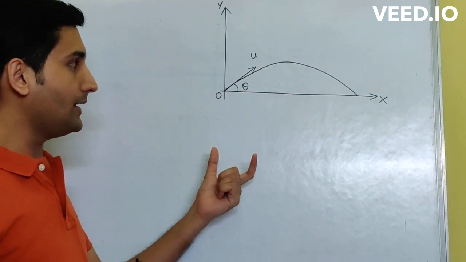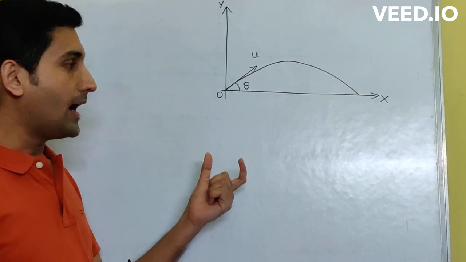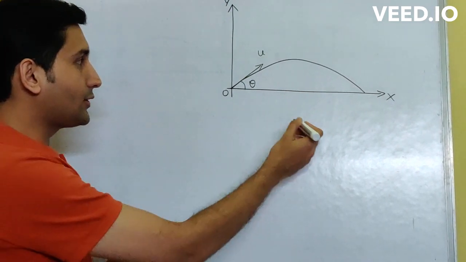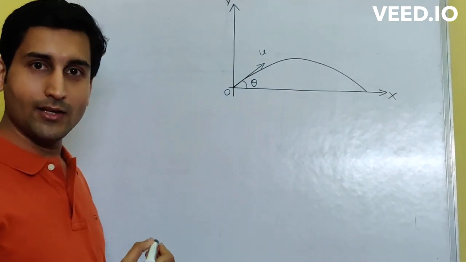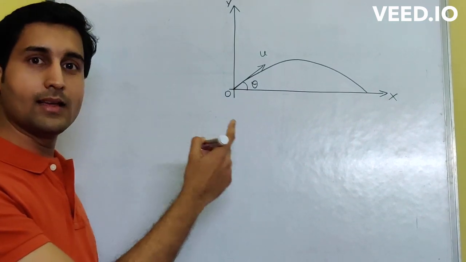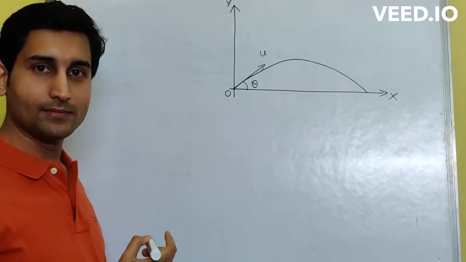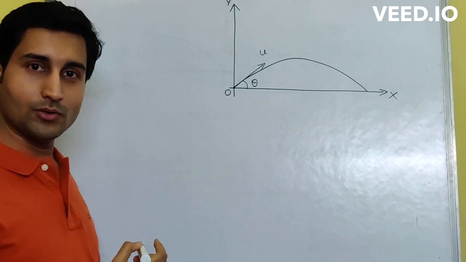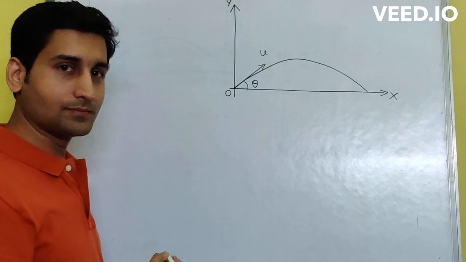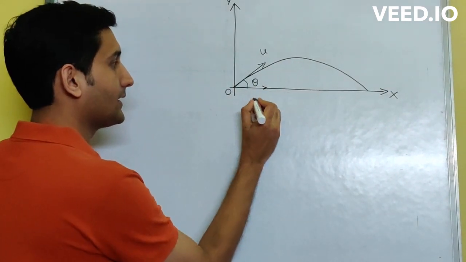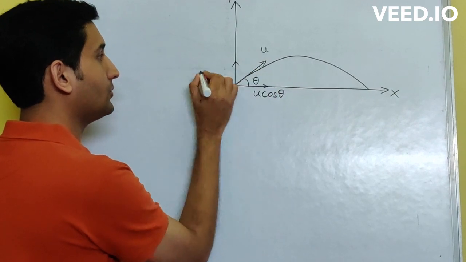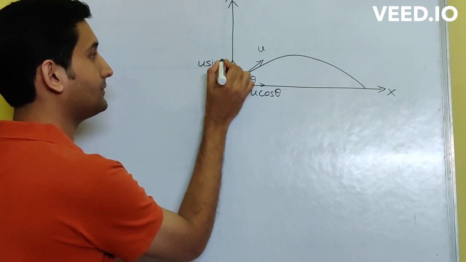So let us examine this kind of motion. How do we deal with it? What do we do here? We break the two-dimensional motion into one dimension each for horizontal as well as vertical. So the first thing that I'm going to do here is take the components of the velocity. So what I get is u cos theta and u sin theta.